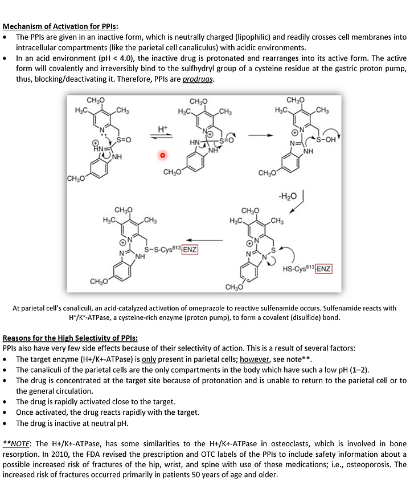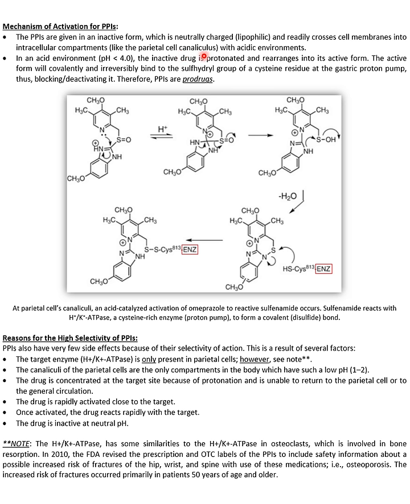They travel through the intestine and get absorbed into the blood, and of course the pH of the blood is 7.4. So these drugs are going to be safely and peacefully traveling until they reach the parietal cell and are excreted into the canaliculus.